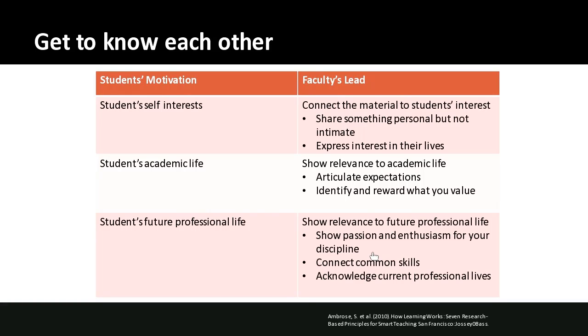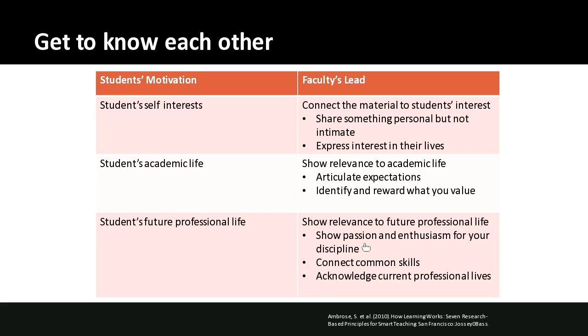So anything that you can do, but here are some tips. Have a passion or enthusiasm for your discipline. Especially if it's part of a program, if you're not showing that passion and enthusiasm, they're going to think that something's a little off.